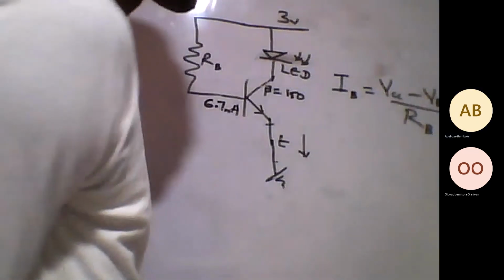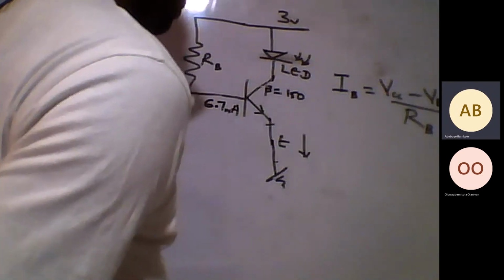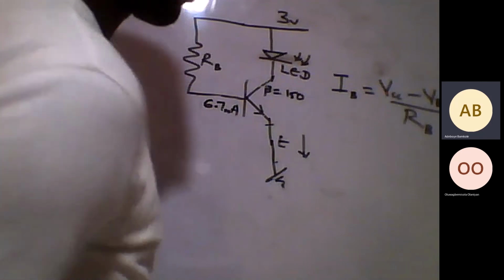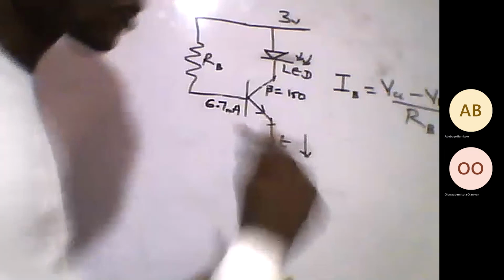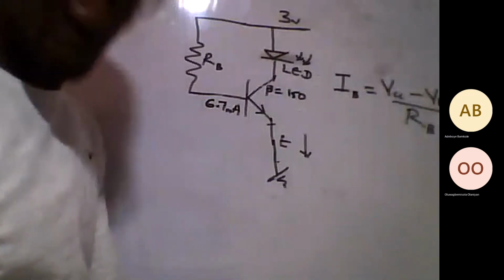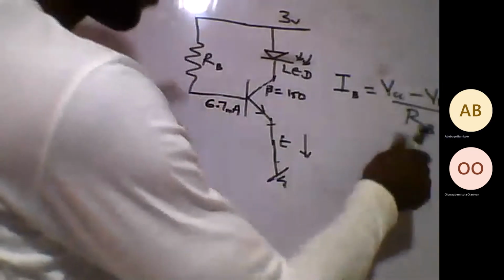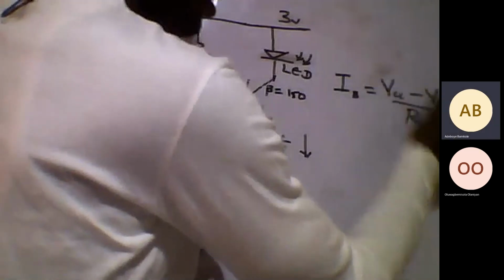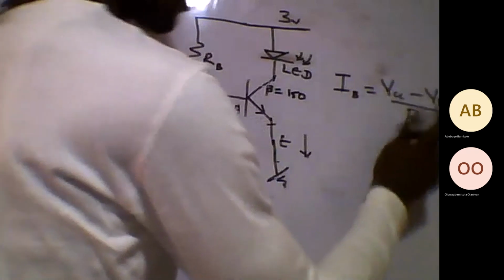You wrote it down very quickly without asking the reason, like equation 1, equation 2, we're just writing it. That's good, not bad. So now we have to calculate for RB. We have IB, we have VBE, we have VCC. This is the only guy missing in action. So how do we calculate this guy?